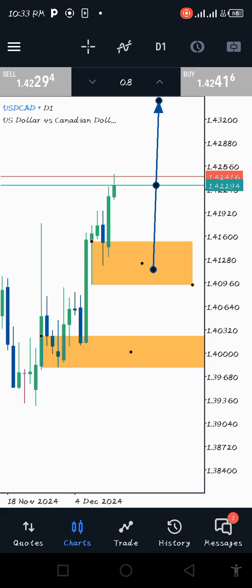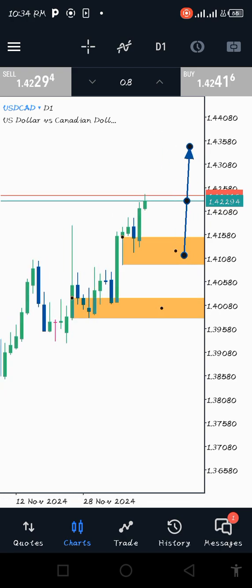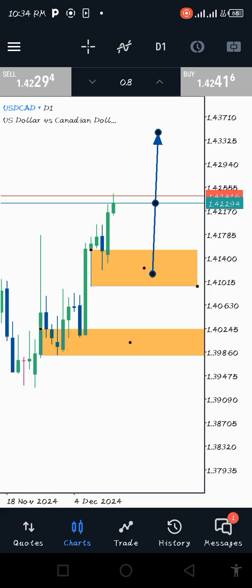Why? Because we are trading with probabilities. Those are two zones where we expect price to react from and give us buying opportunities, depending on if we can see our conditions.